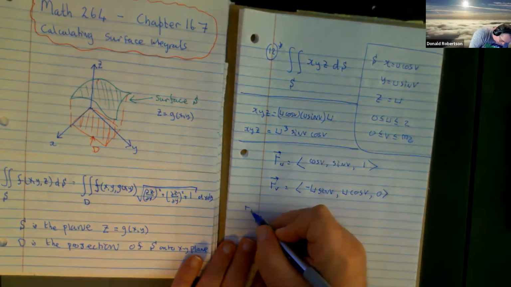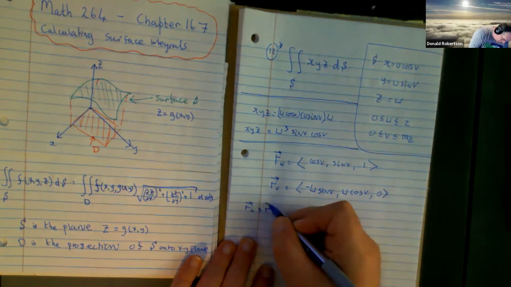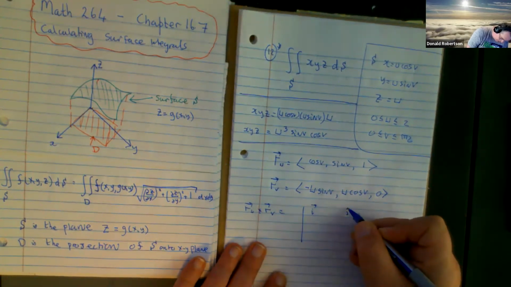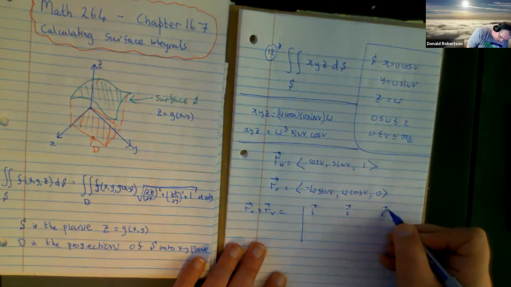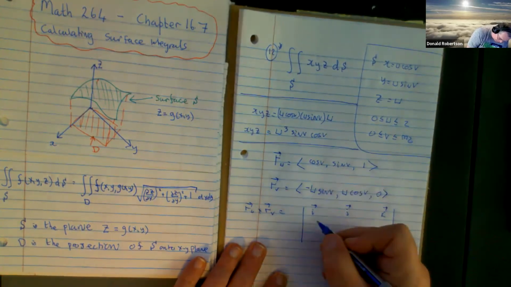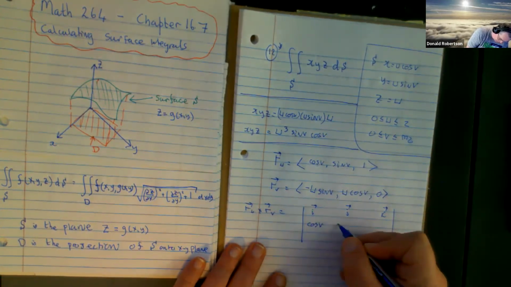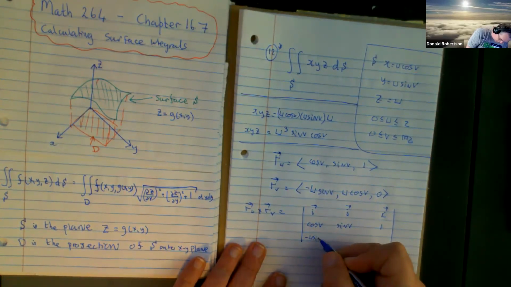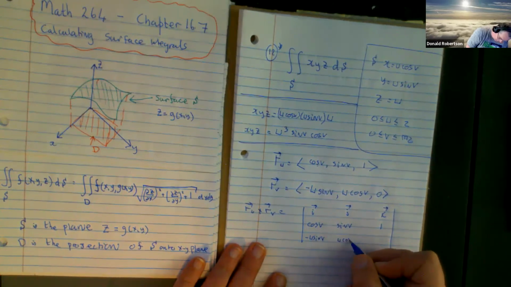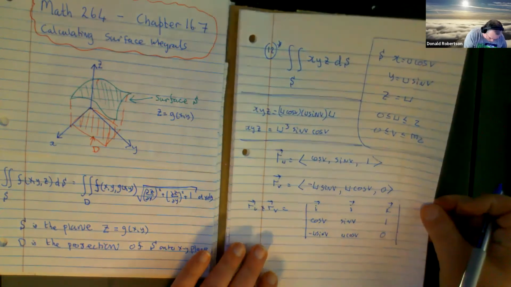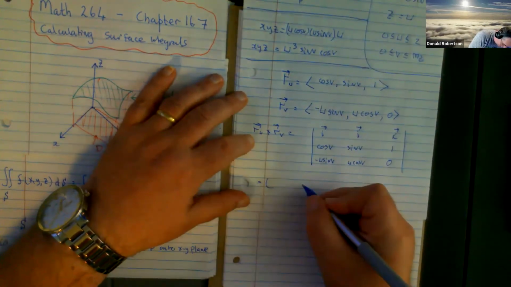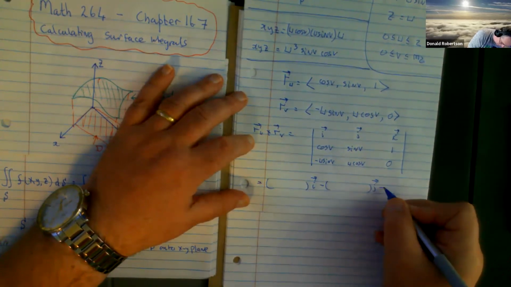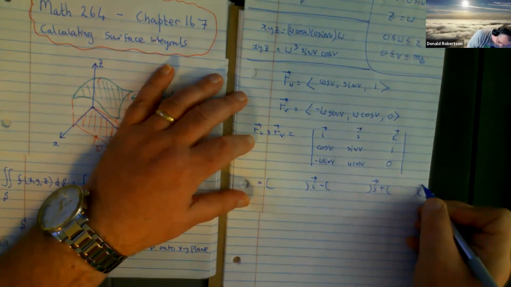We'll now get the cross product of those two. I have an i, a j, a k. That's going to be my next row. And underneath, my last row. So it's going to be so many i's, take away so many j's, plus so many k's.